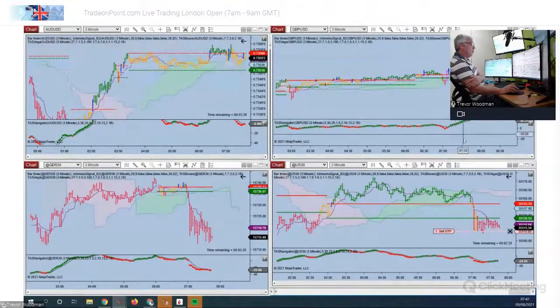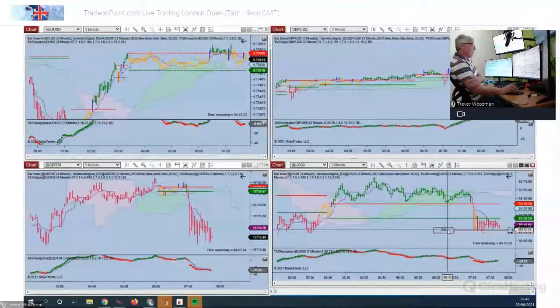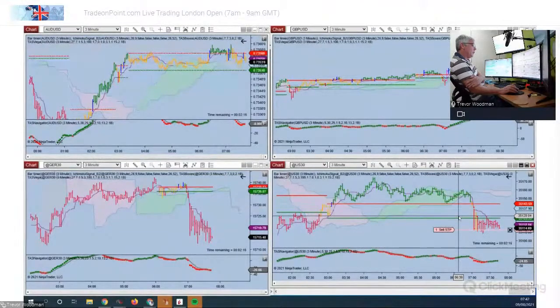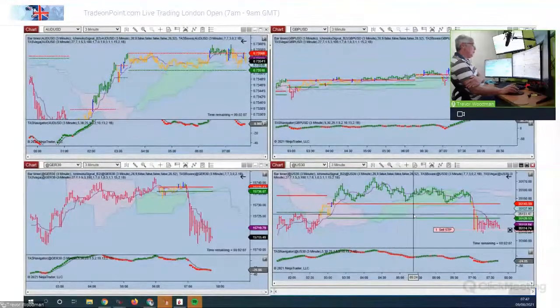For about 20 minutes to the open, I am going to enter a short position here. I'm going to put my stop quite tight on this trade. Stop's going to be about minus 30 points on the Dow, so that's about 3 points on the ES.